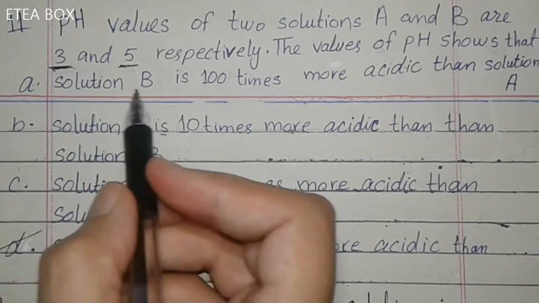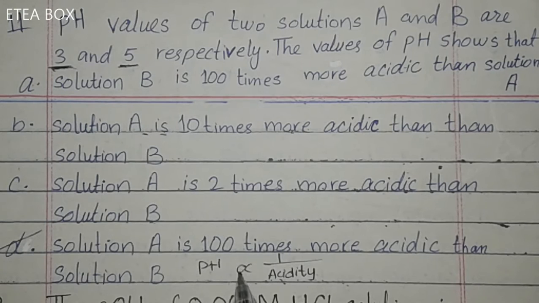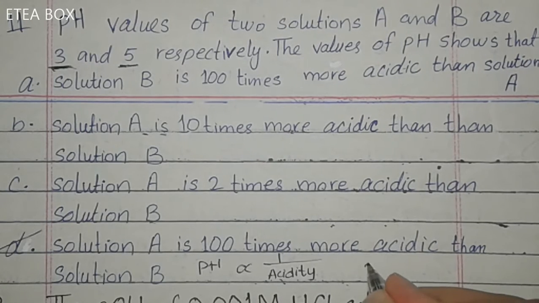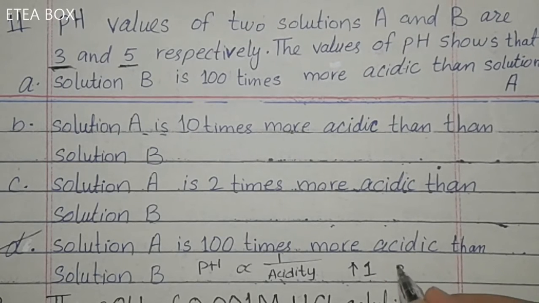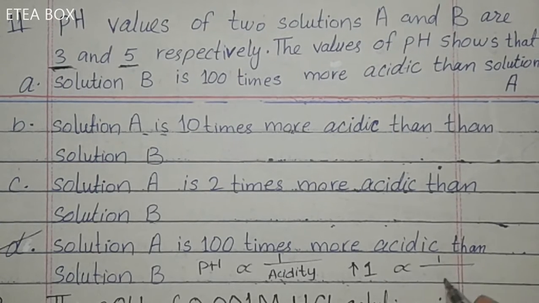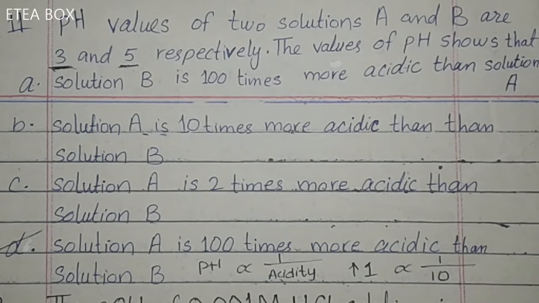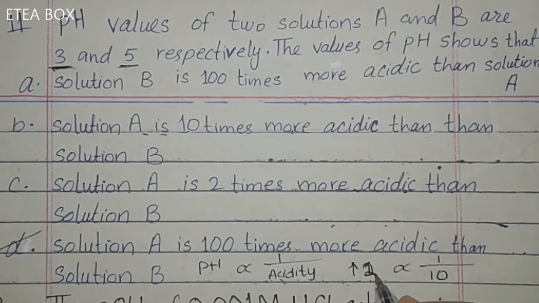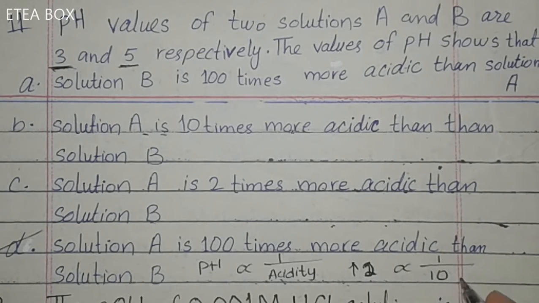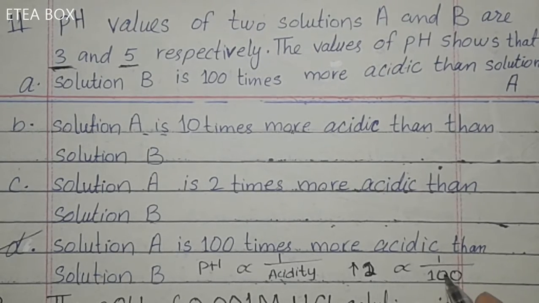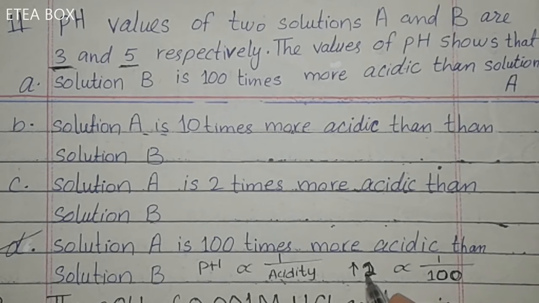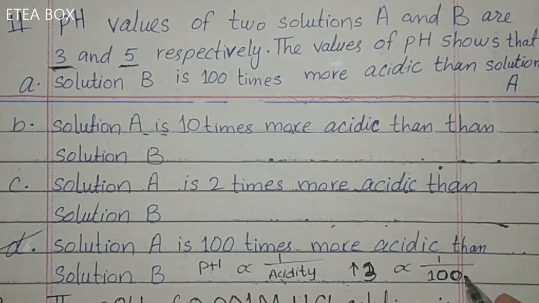Now how will you find how many times it will be greater? Keep one thing in your mind: when pH increases by 1 unit, the acidity decreases 10 times. When the pH increases by 2 units, the acidity decreases 100 times. If it were 3 units, then it will decrease 1000 times.